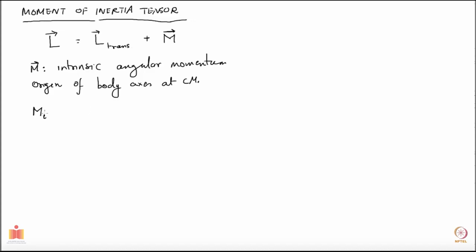If I'm looking at the ith component of the angular momentum, then it is equal to this inertia tensor, whose components are given by I_ik, and then you have the angular velocity vector omega_k. There is a summation over k, and i and k all run from 1, 2, 3.